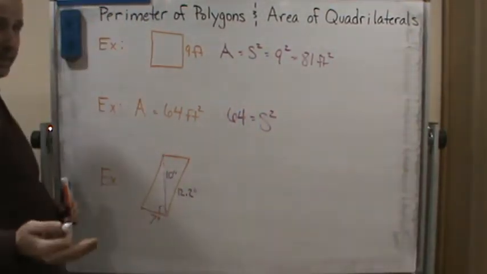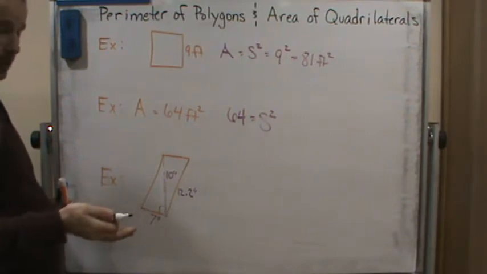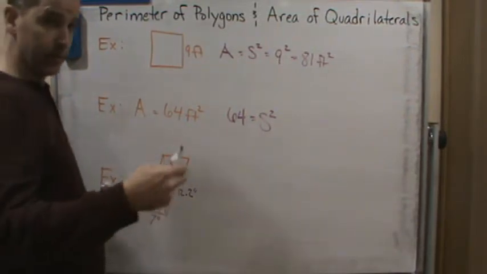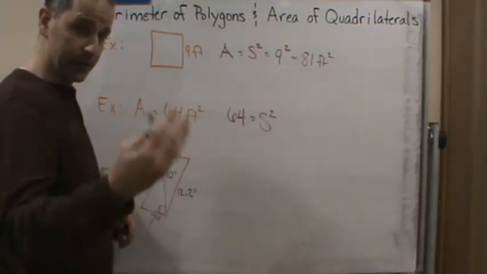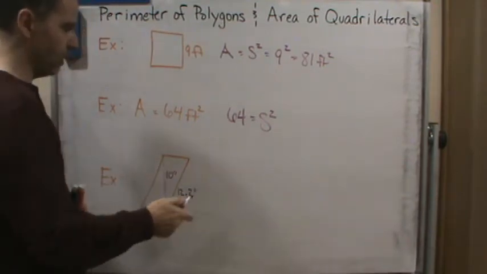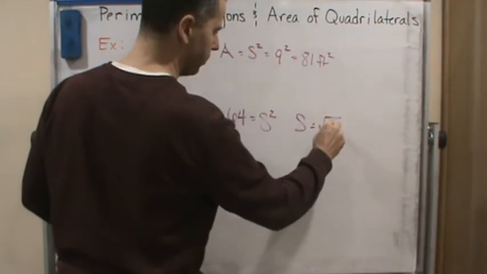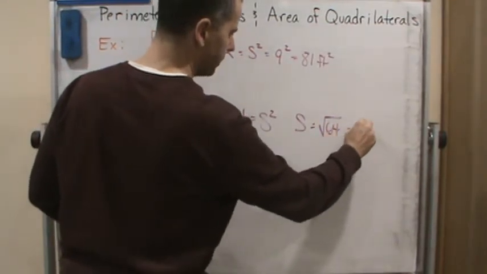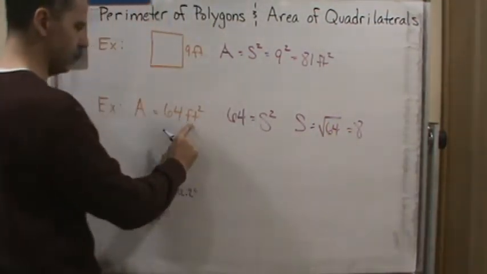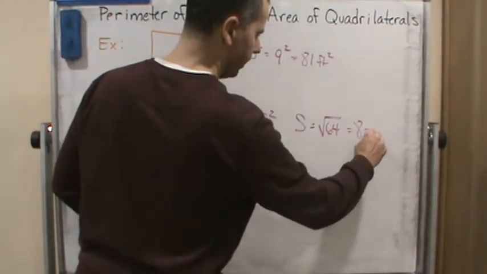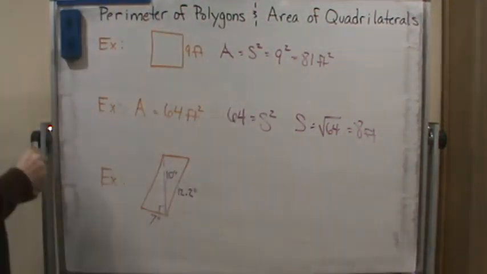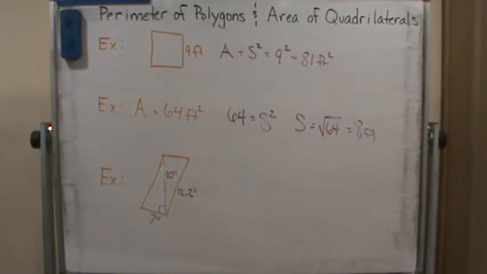Again, we need to take the positive square root of both sides. Why is it positive? Because we're talking about the length of a side, and it's never negative. So s is going to equal the square root of 64, which is 8. And since we're dealing with square feet, the length of the side is going to be 8 feet long.